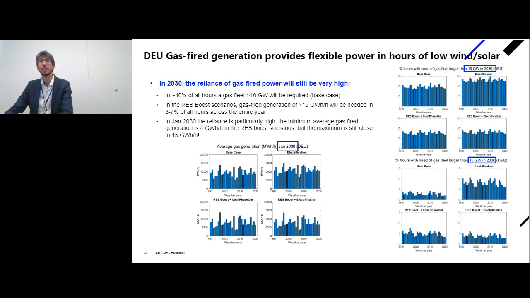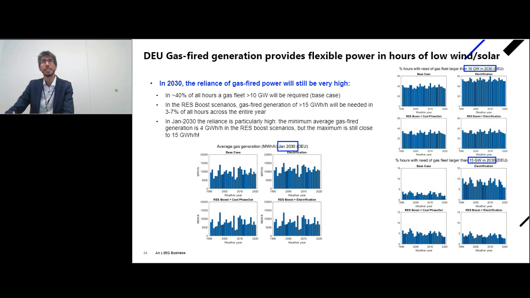So in the bullish year, the average for January month in the most bullish year, which is this 1997 in the example we have considered, will still require an average gas fleet of around 14 gigs average. This means that a lot of hours will actually increase by far 15 gigs and go towards 20 gigs of gas required in a January month.